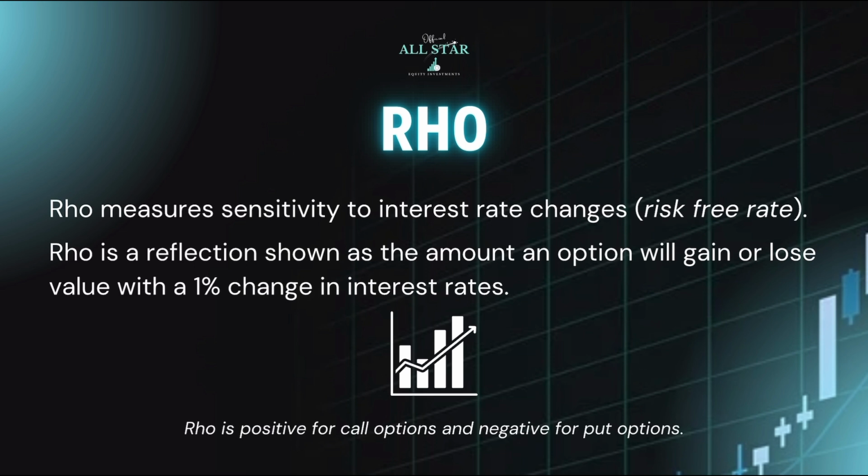Again, this is relative to the market. Also keep in mind that Rho is positive for call options and negative for put options. But Rho isn't a Greek that I'll spend a lot of time on. Not to say it's irrelevant, but if you're swing trading, it's more important rather than day trading to consider Rho. So with that being said, I'll just go ahead and tie everything together and then we'll hop in Thinkorswim.